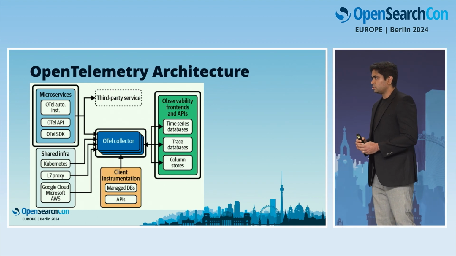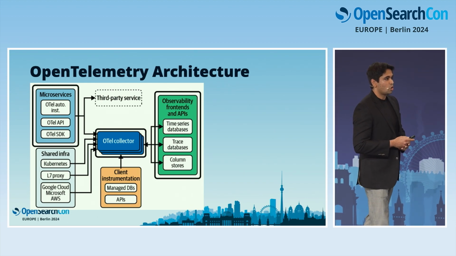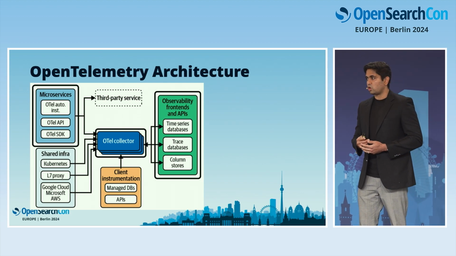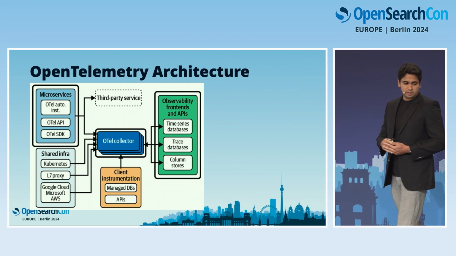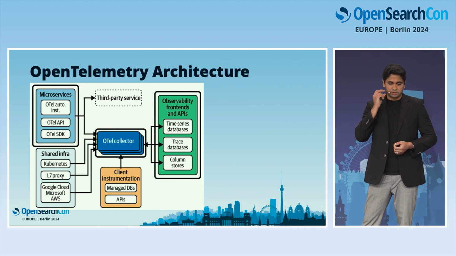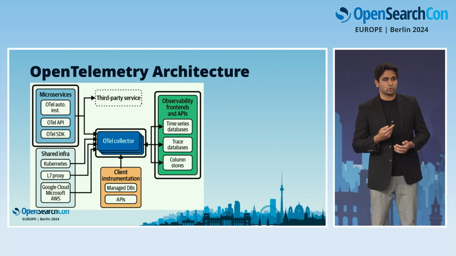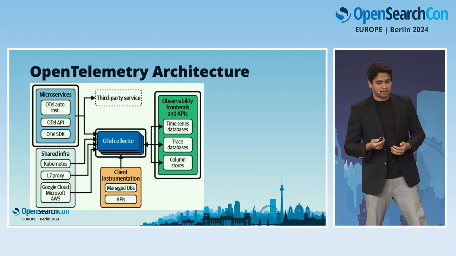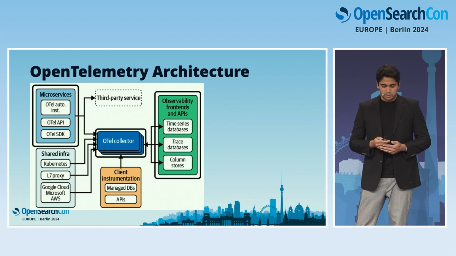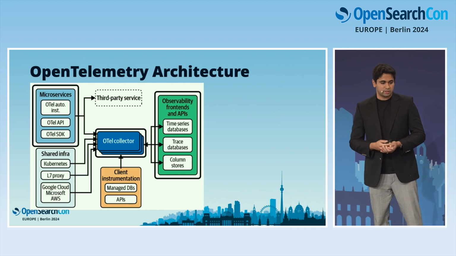So that's talking about your service, but let's zoom out a bit and see how OpenTelemetry works with other observability technologies. You have your microservice, your shared infrastructure, your managed DBs, APIs, all using the OTel SDK and API to instrument the code and generate signals such as metrics, logs, and traces.